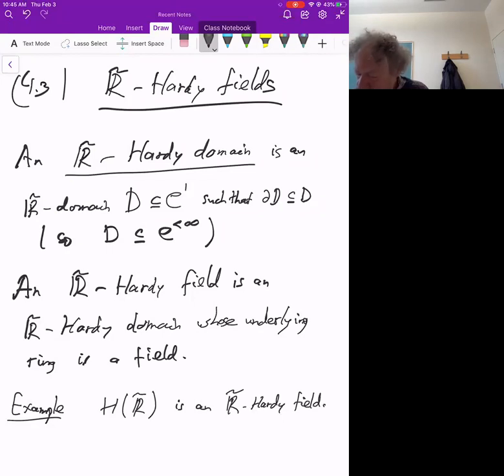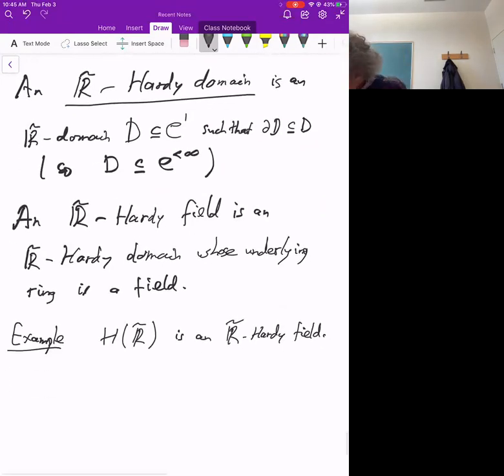In fact, it's the smallest R tilde Hardy field containing all real numbers and also the germ of the identity function, and which is also a model of T.